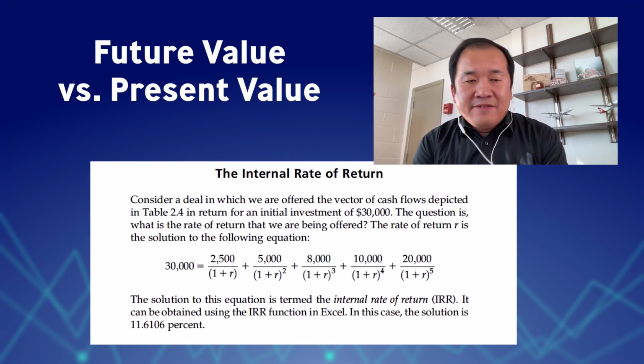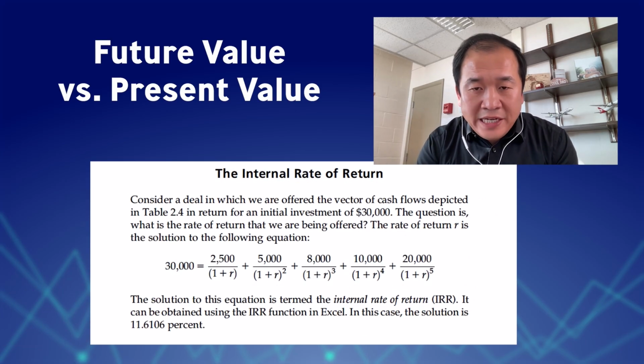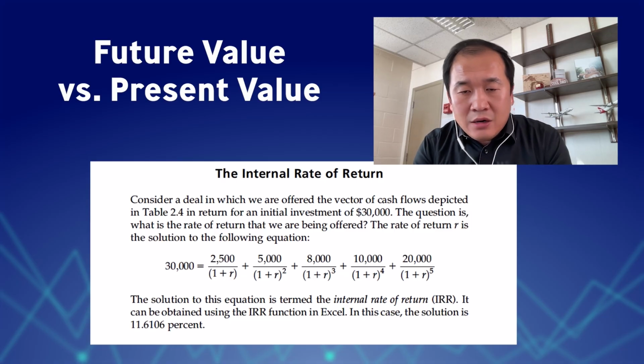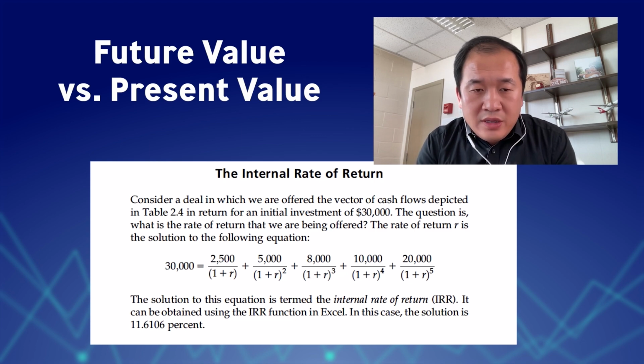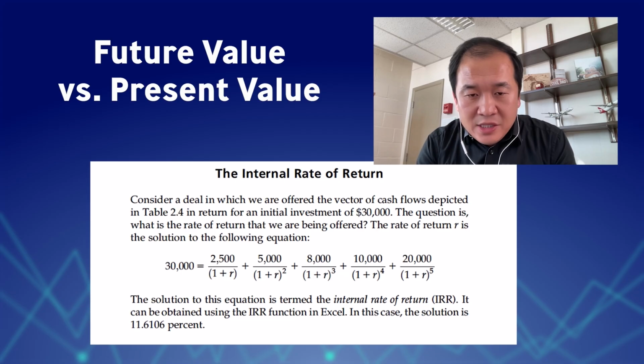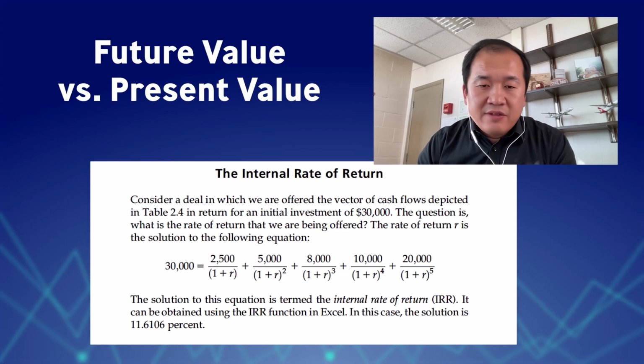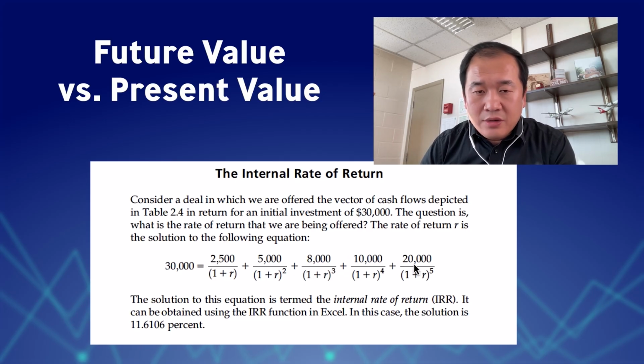The last slide of this topic is about the internal rate of return, or IRR, which is a very common concept used in finance and investment. In the previous example, we just change the question a little bit. Now we know we are receiving this series of cash payments at the end of periods 1, 2, 3, 4, and 5: $2,500, $5,000, $8,000, $10,000, and $20,000.